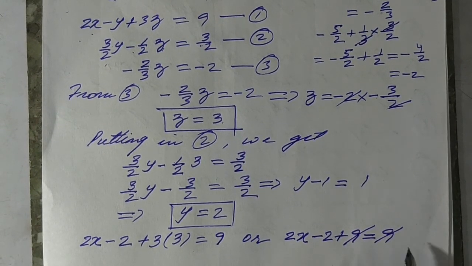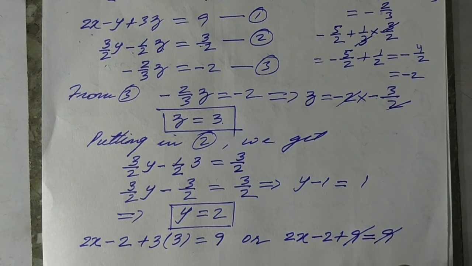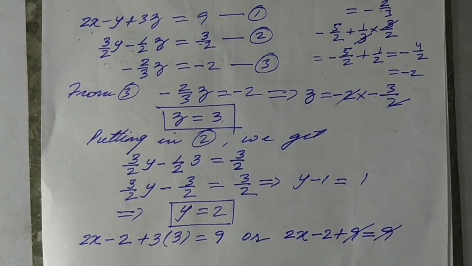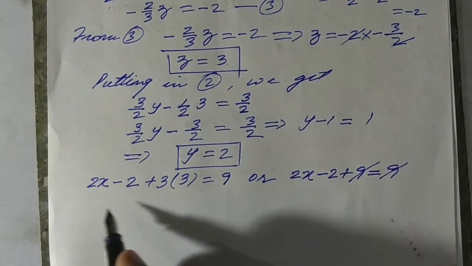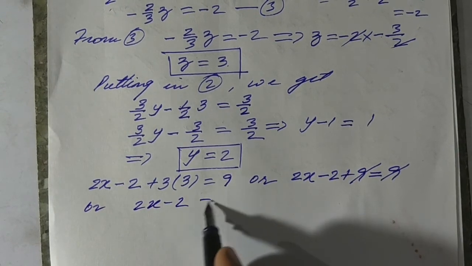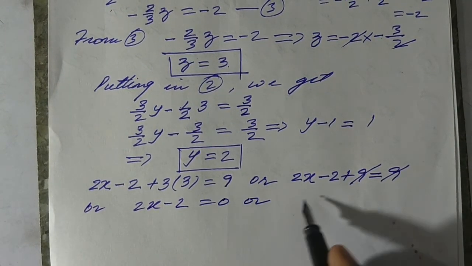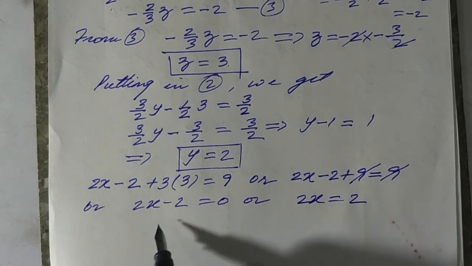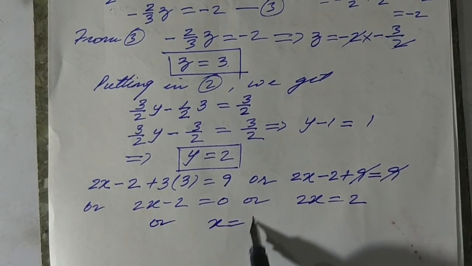These two 9s are cancelled because these are on the opposite sides of equality and having the same signs. So we get 2x minus 2 is equal to 0, or 2x is equal to 2, or x is equal to 1.